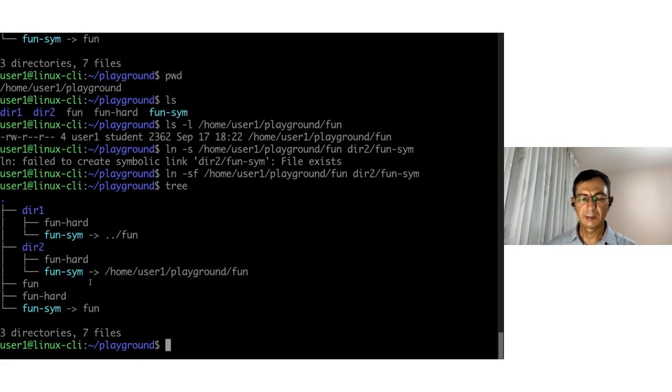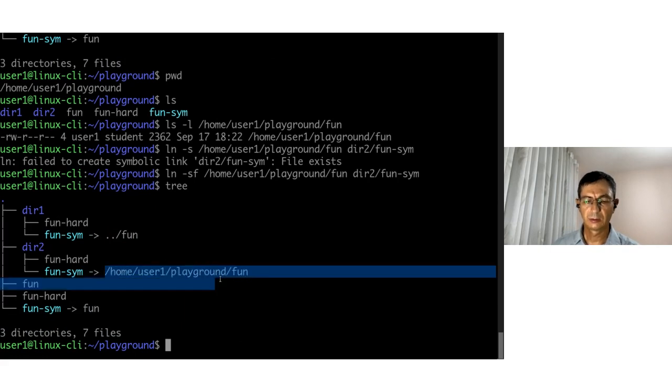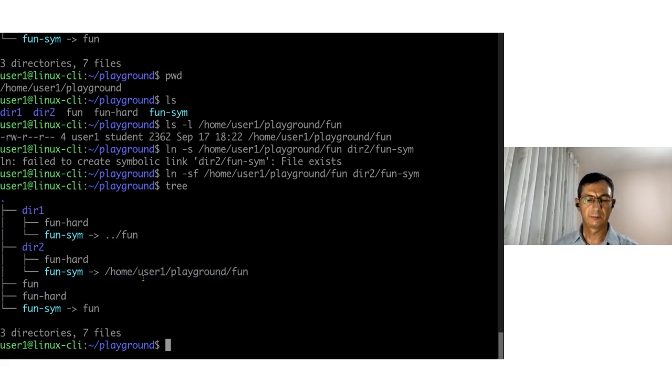And in some other cases, it may be better to use absolute paths for symbolic links, especially if this file is not inside this directory, but somewhere else. So it doesn't matter whether I rename this directory, the symbolic link will still be correct.